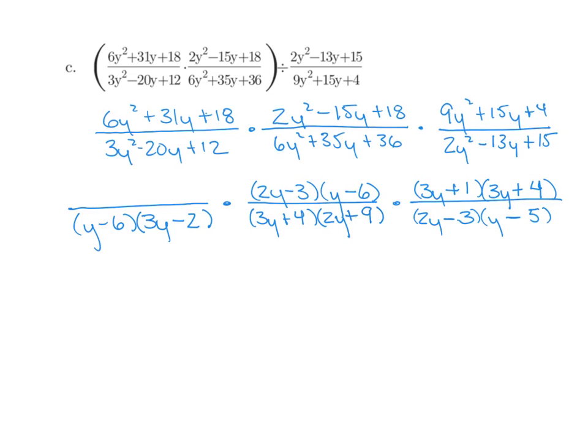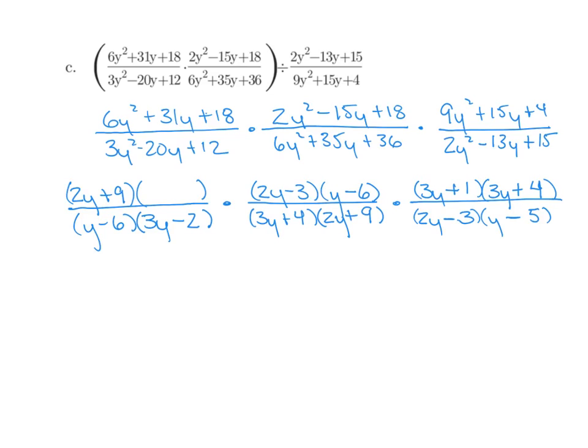Okay, so right now we have that was our 3y plus 4, so now let's see if we can use the 2y plus 9 to factor something else. So the last thing we need is the top left. Right now, 2y plus 9 can be a factor, so I'm just going to say, let's assume it is.